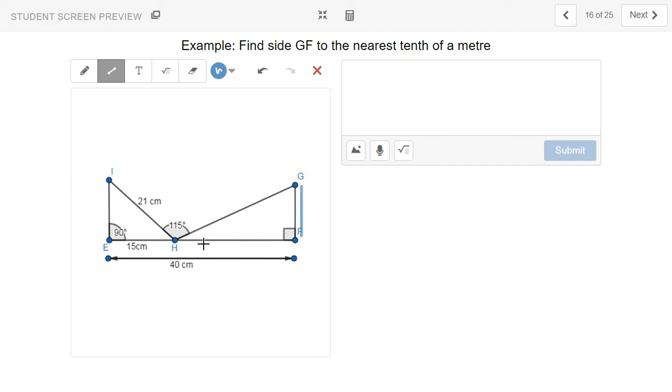Now, it's possible for us to find side HF by subtracting. So let's start that as our strategy. Find side HF. Then, if we found the angle IHE right here, then we're able to find this angle.